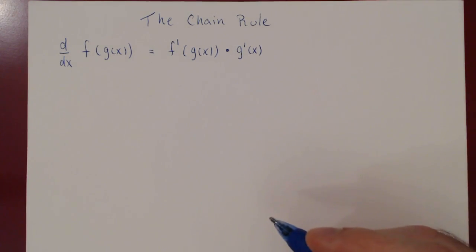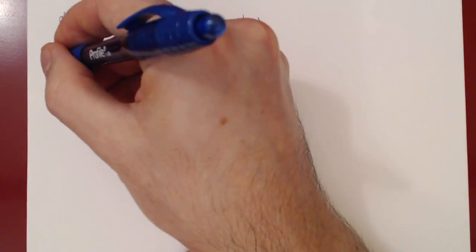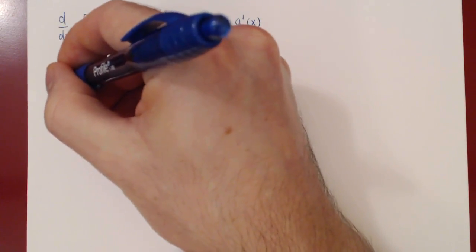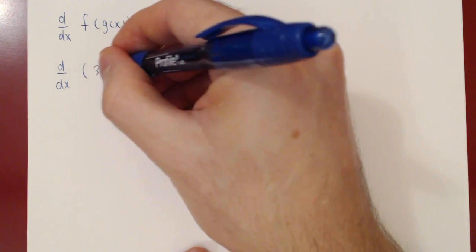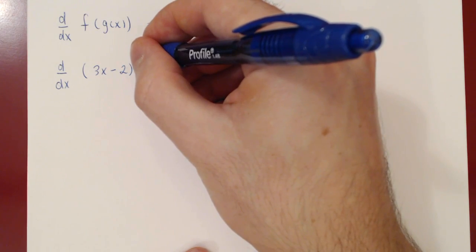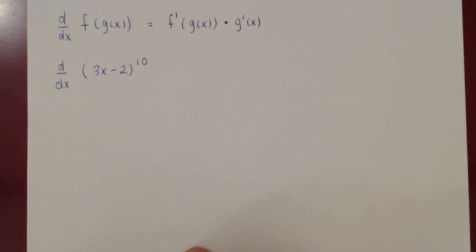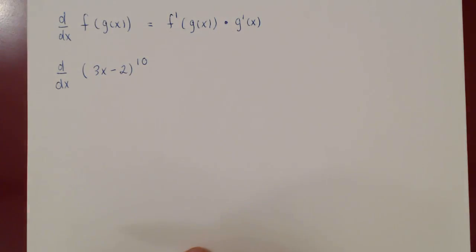Let's do an example. What if we ask for the derivative with respect to x of the function, say (3x minus 2) to the power of 10? Now the question is here, well, what's f, what's g? Always think of f as being the outside function.